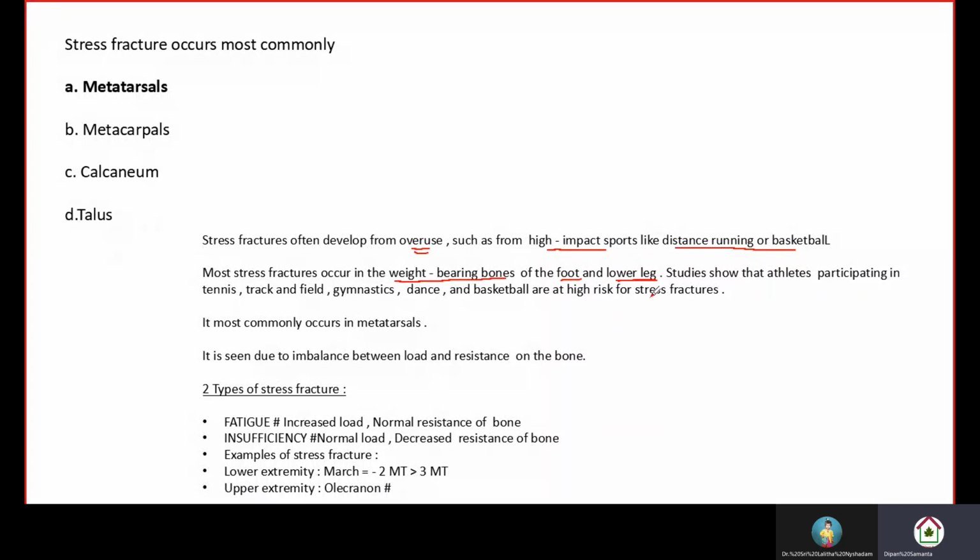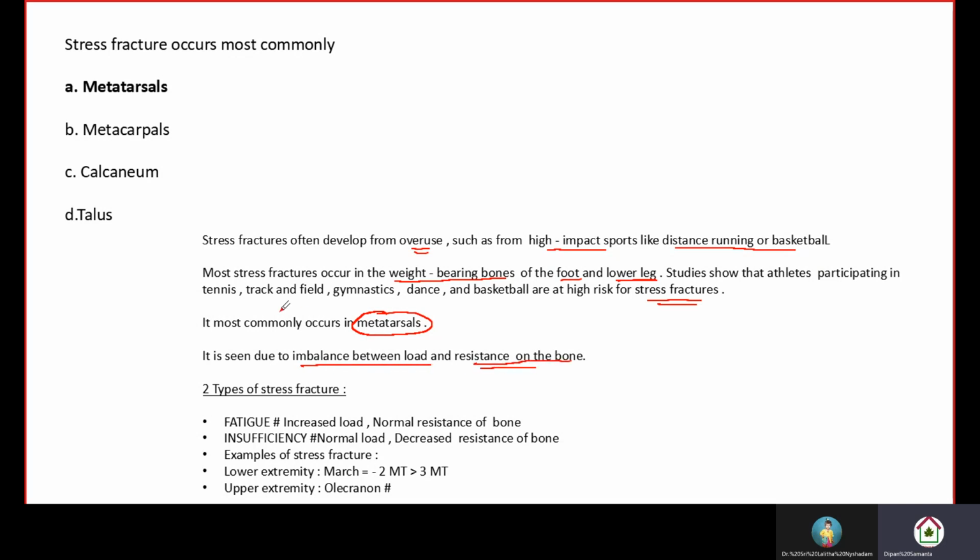Studies show that athletes participating in tennis, gymnastics, dance, basketball, track and field are all at high risk for stress fracture. So it most commonly occurs in metatarsals. Seen due to imbalance between load and resistance of the bone.